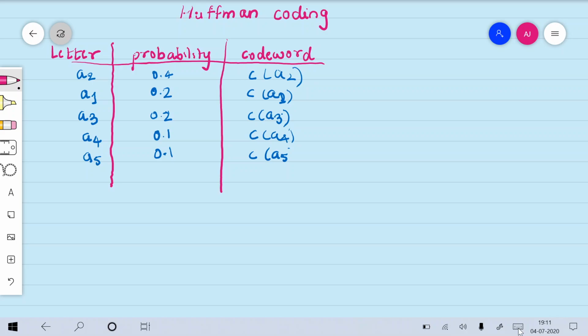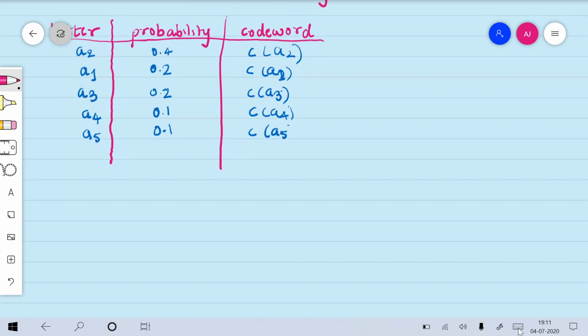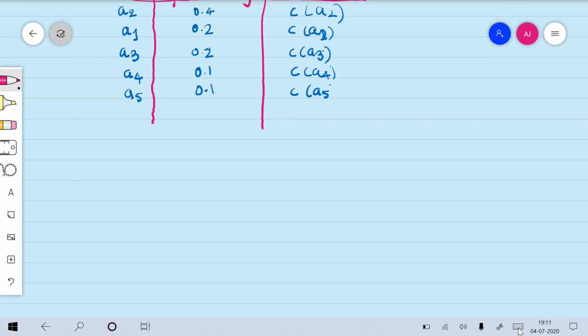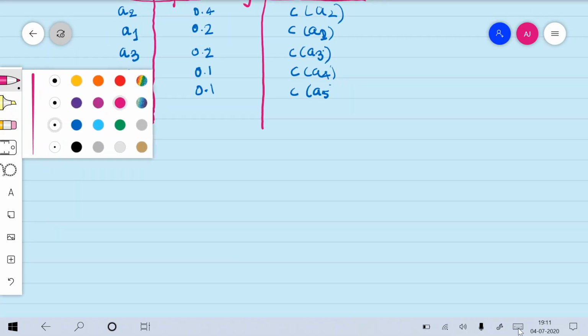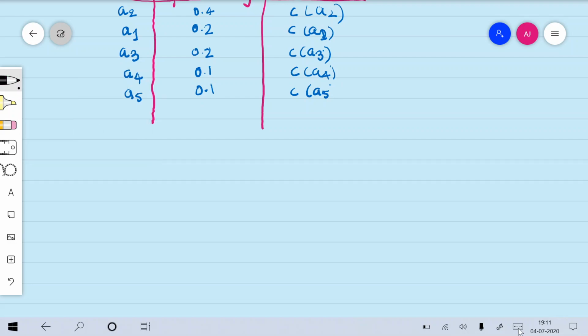Okay, so I have written the Huffman coding here. The letters have been written, probability has been written. When you observe this, the probability has already been written in descending order. So how are we going to go about it? First thing we have to do is write these probabilities again, in order.